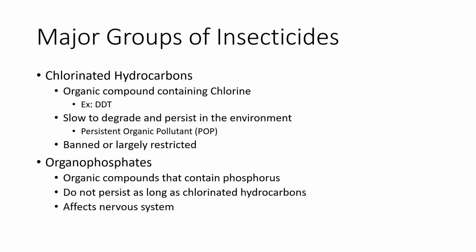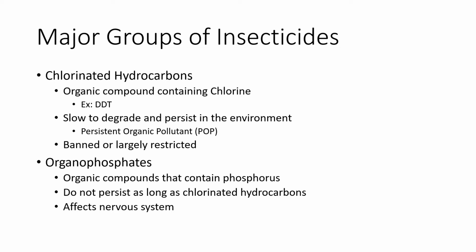There are major groups of insecticides. There are these chlorinated hydrocarbons. So basically, it's with chlorine in it. This is what DDT is part of, and these are very slow to degrade. So they're very persistent, which is why we call them persistent organic pollutants.